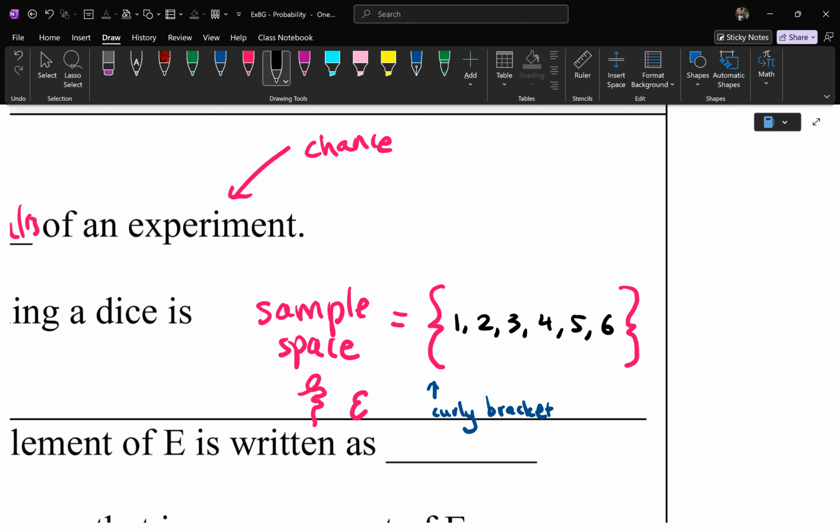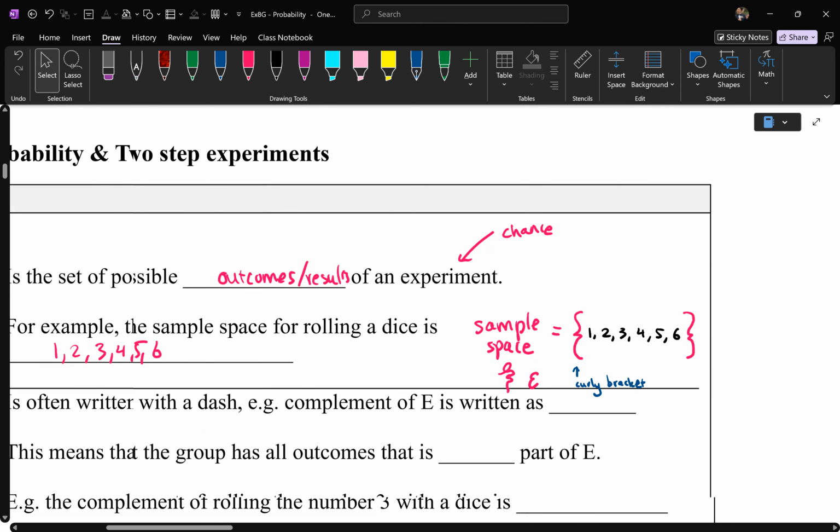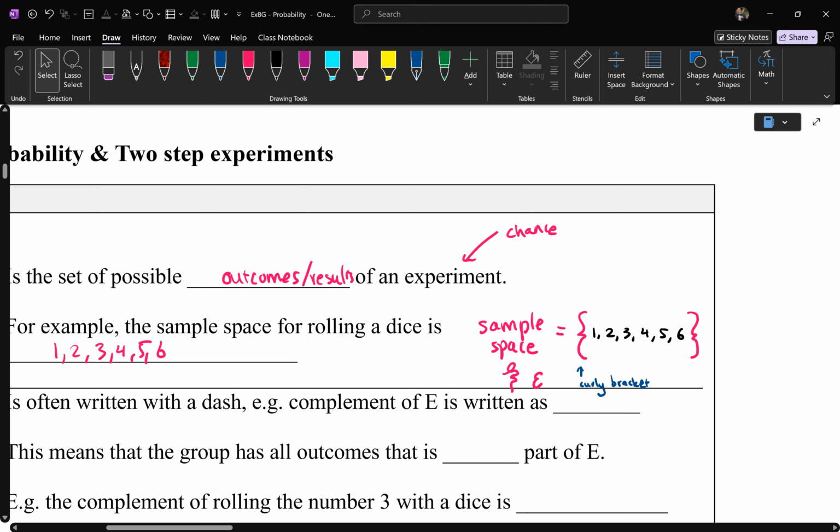And yes, you do have to put the comma because later on when you're doing probability, not all things are numbers. Sometimes it could be a chair, table, or it could be a name of a brand. And because of that, if you don't put a comma, people don't know where it separates. They don't know if it's 2 words or 1 word. The comma tells people that's 1 item. So that's the sample space of rolling a dice because it's all the possible outcomes you can get when you roll a dice.